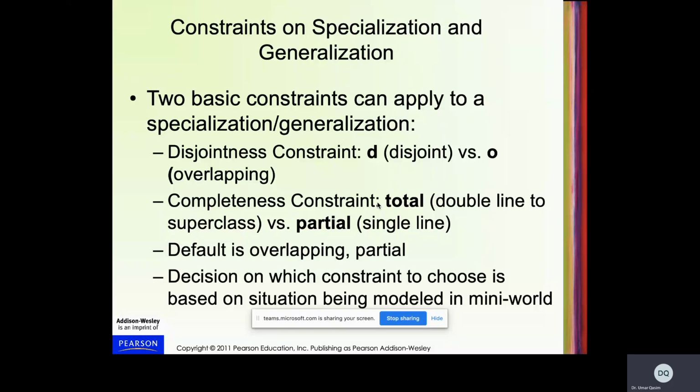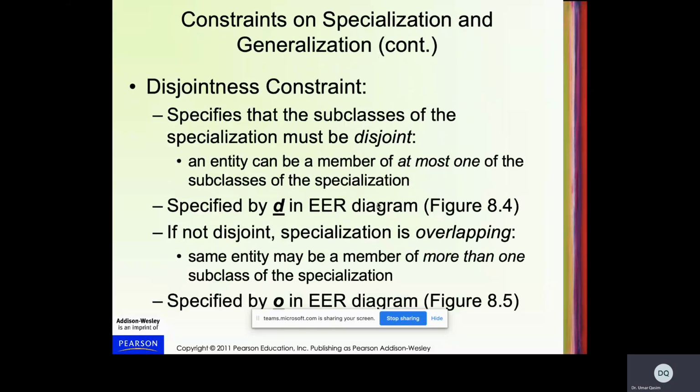If it is optional, here it says partial, and we use a single line. When it is a must, a total participation, then we use a double line. So the concept is quite similar to what we studied earlier. In this case, we have two types of constraints: one is disjointness, and the second is overlap. So let's look at this example.